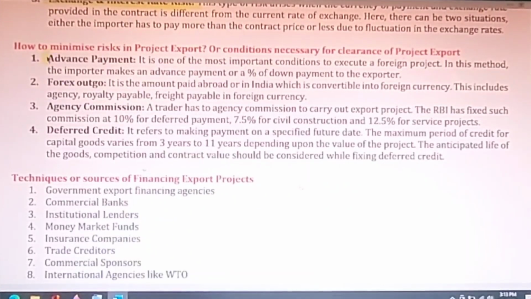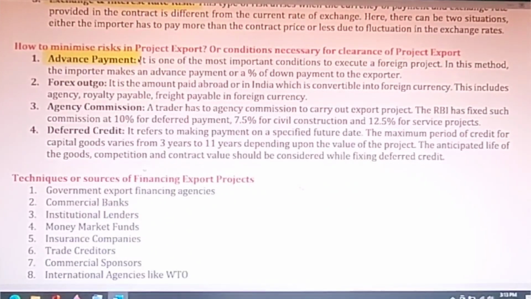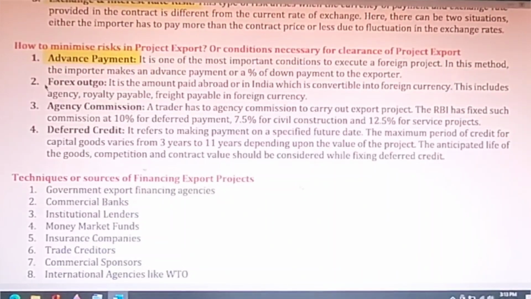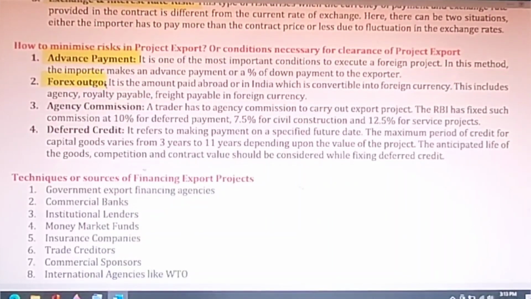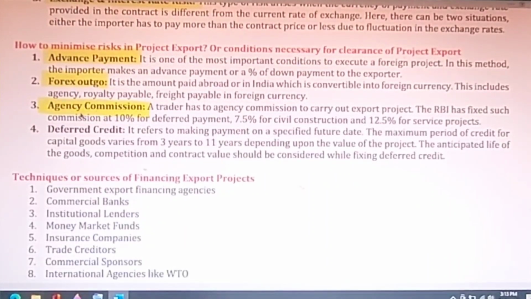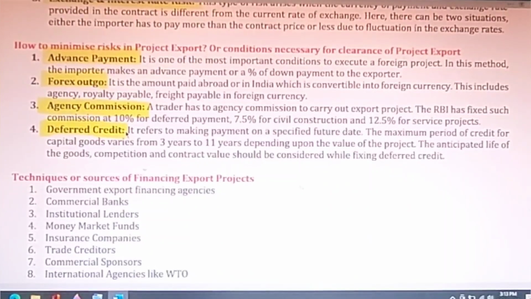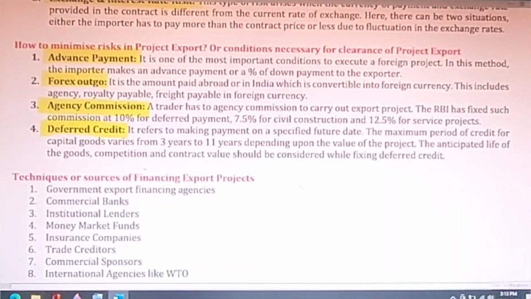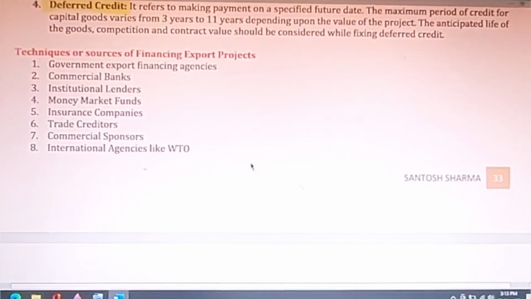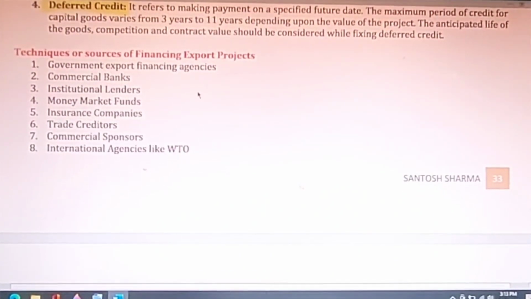Like, the exporter can ask for advance payment, and the forex outgo technique is there. The third one is agency. The agent is responsible for collecting all the dues, and some deferred credit limits can be structured to avoid the risk.